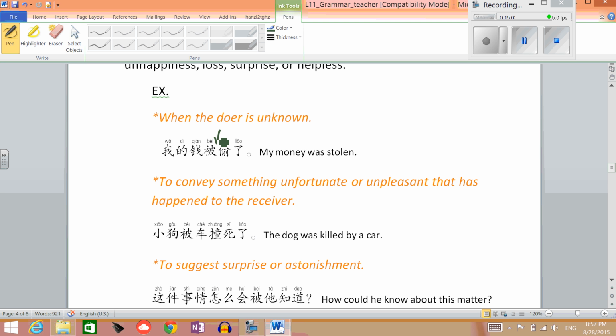Next one, to convey something unfortunate or unpleasant that has happened to the receiver. Here is a puppy. 小狗, that's the object, right? The receiver is 小狗. 小狗被车撞死了. Very sad. The dog was killed by a car. So definitely unpleasant, right?